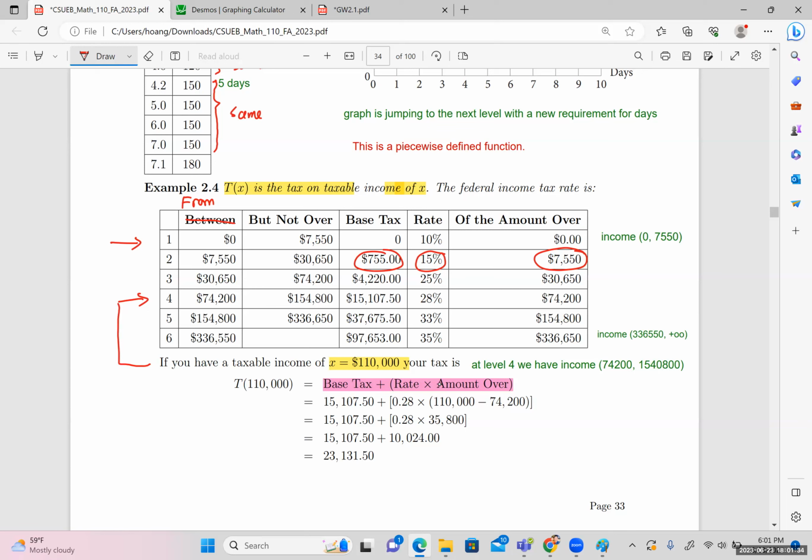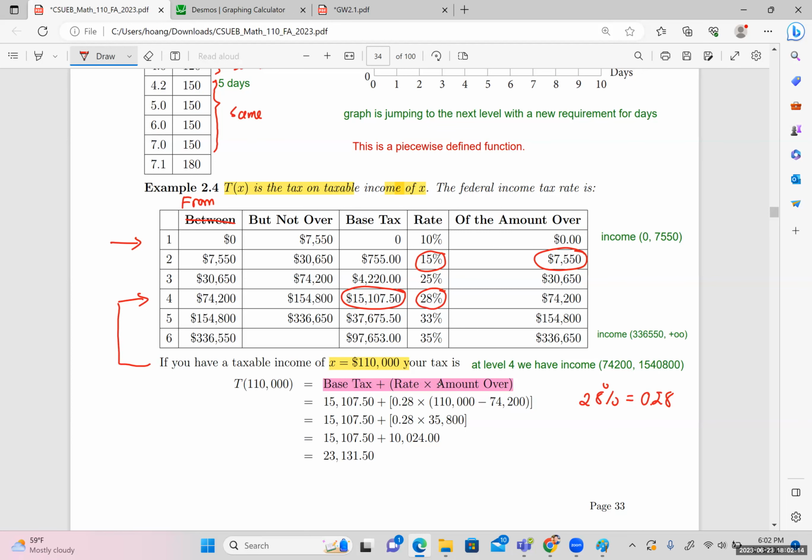So I'm gonna use my base tax. Let me highlight my base tax. My base tax at that range will be $15,107.50, adding the rate, which is 28%. We can convert that to 0.28. So 28% equals 0.28.